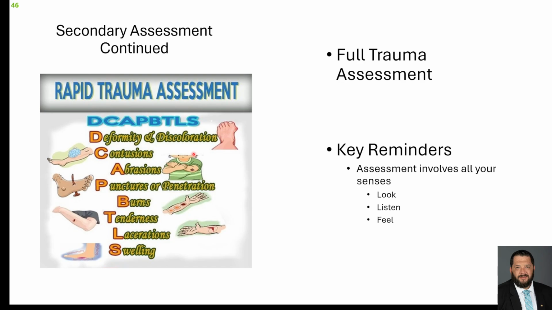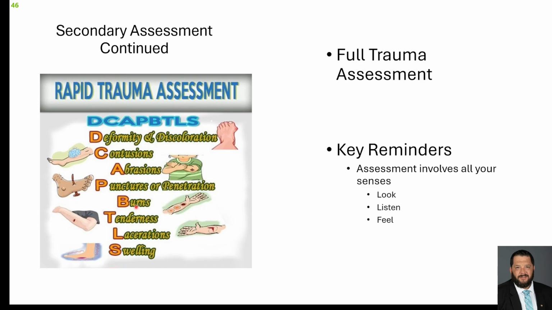And we use the acronym DCAP BTLS for this, and that's deformities, contusions, abrasions, punctures, penetrations, burns, tenderness, lacerations, and swelling. And we'll go through all this in the lab, but that's the abbreviation that we're going to use. Key reminders again: if you can't see it, you can't assess it. Okay, so part of your assessment is looking at things, listening to things, and touching things and feeling your patient.